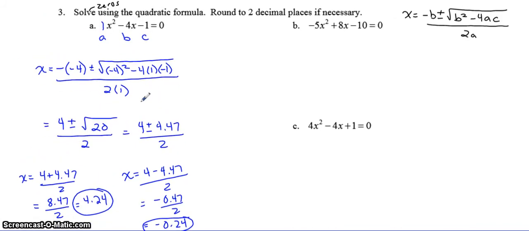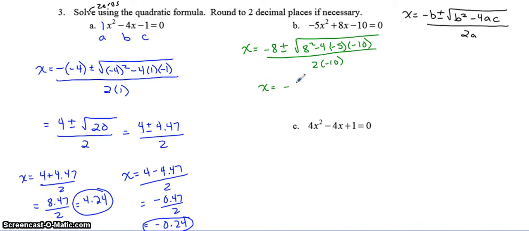There's some interesting things that sometimes happen when you are solving a quadratic equation using the formula. So if we take a look at example B, x equals negative b plus or minus the square root of b squared minus 4 times a times c all over 2 times a.